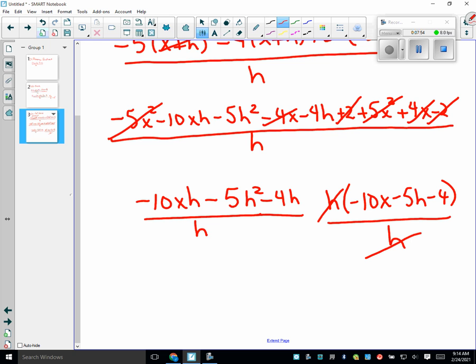And there's my answer. How was that one? You don't have to solve any farther than that. You have to get it where the h on the bottom cancels out. We get rid of that denominator.